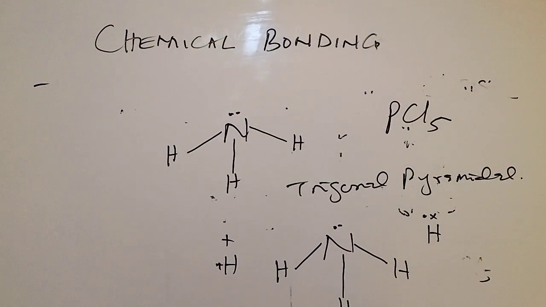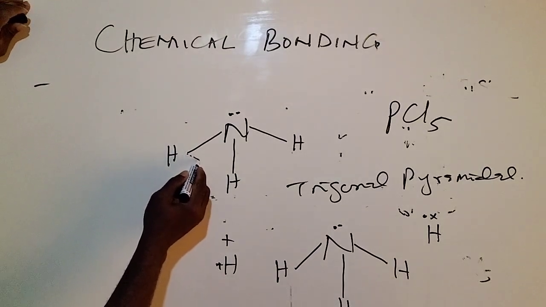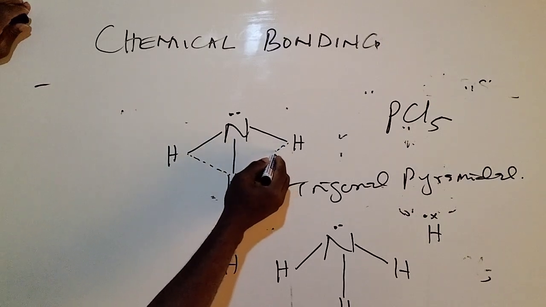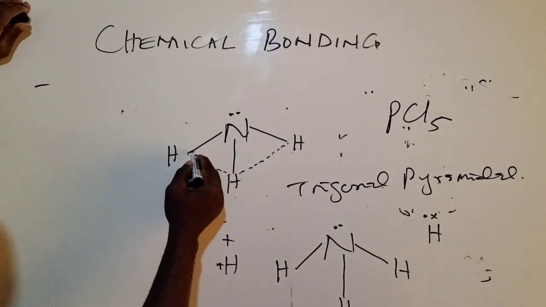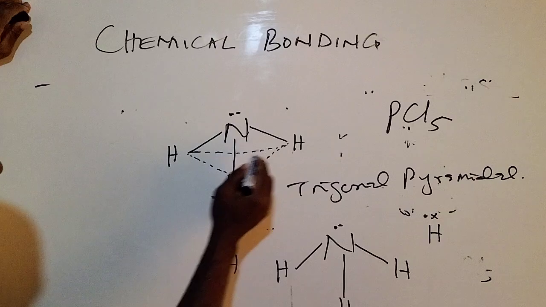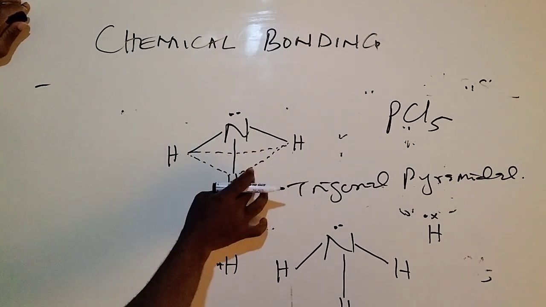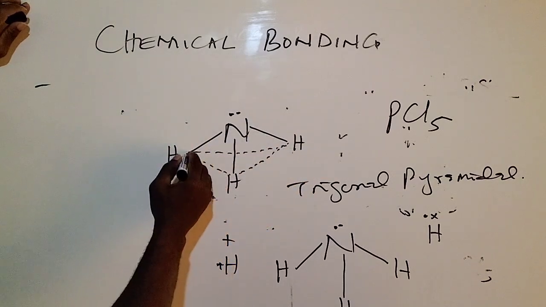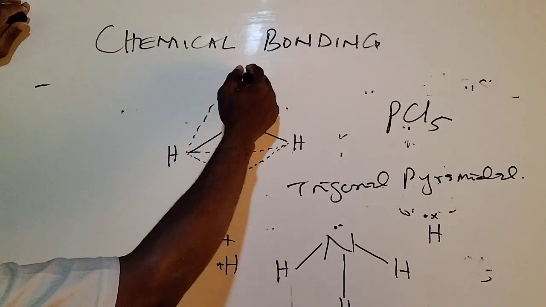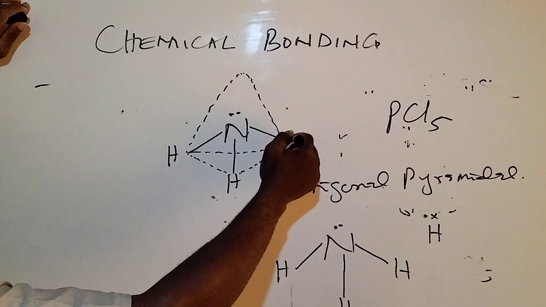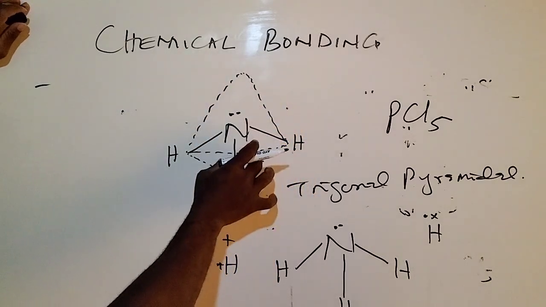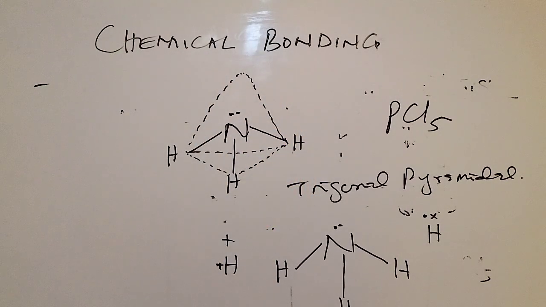If you look at the structure very well, we can make a little construction from this point to this other point. We project them and then cut it off. We have a kind of inverted triangle here with the dotted lines. We move up, and we now form a kind of pyramid sitting on a triangle. So that is why we say that ammonia has trigonal pyramidal shape.